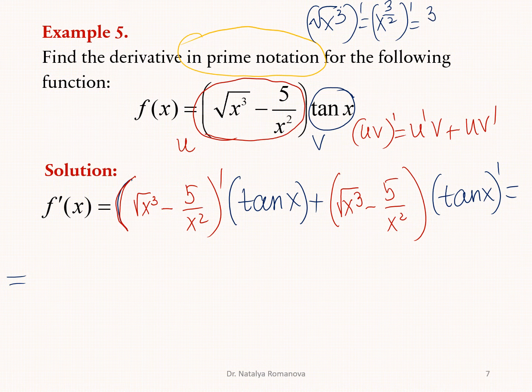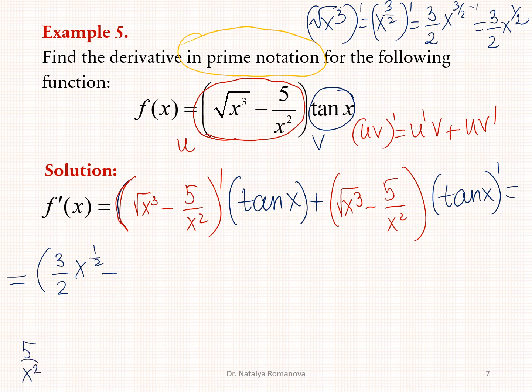We have to use the power rule: 3 over 2 times x to the 3 over 2 minus 1, which gives us 3 over 2 times x to the 1/2. So now we go back. It would be, open parenthesis, 3 over 2 x to the 1/2 minus. What is the derivative of 5 over x squared? We will use the power rule as well.